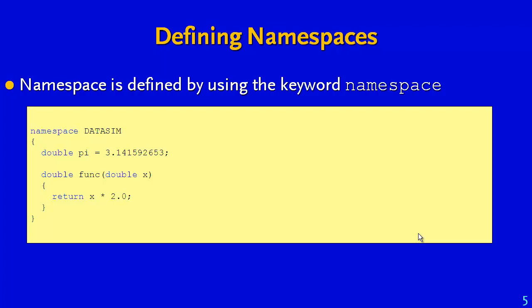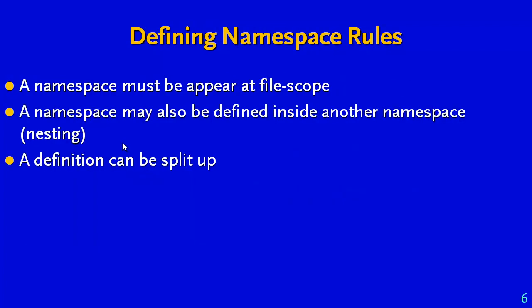In the scope of the namespace, which starts here and ends here, of course, I've got a double which is initialized immediately, and I've also got a function which just multiplies a value by 2. So that's my namespace. That's a very simple example, and of course I can create a namespace in some file. So how do I do it? A namespace has to be done at file level.